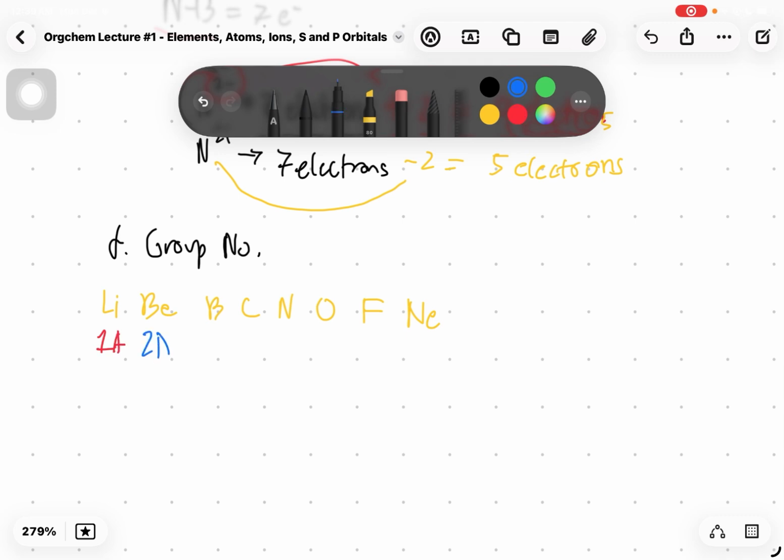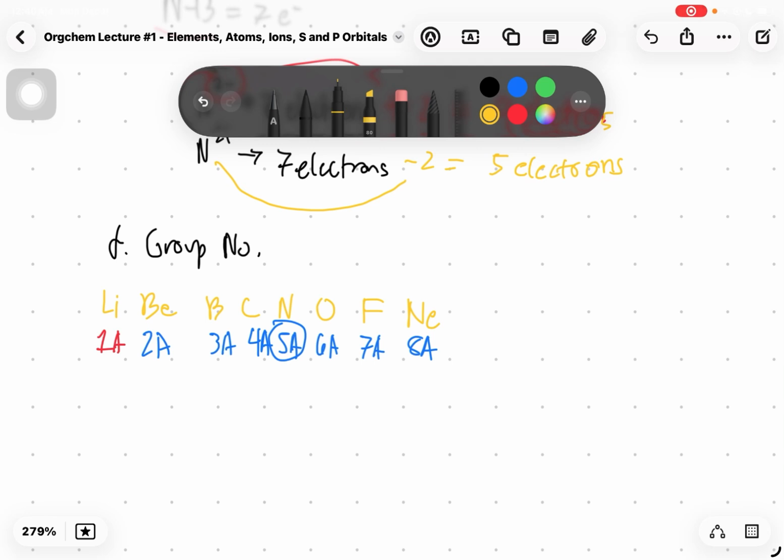Our beryllium is in 2A, boron would be in 3A, carbon in 4A, nitrogen in 5A, oxygen in 6A, fluorine in 7A, and neon in group 8A. So, this means that our group number should be 5A for both N13 and N14. Because the only way for the group number to change would be changing the number of protons, but that would change the identity of the atom.